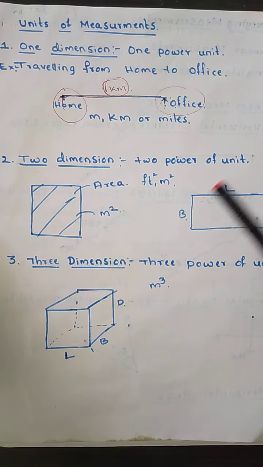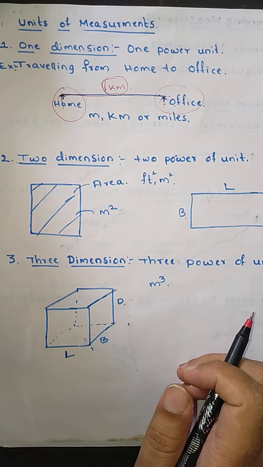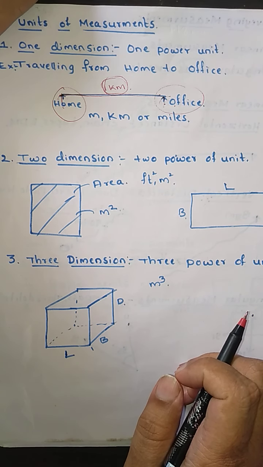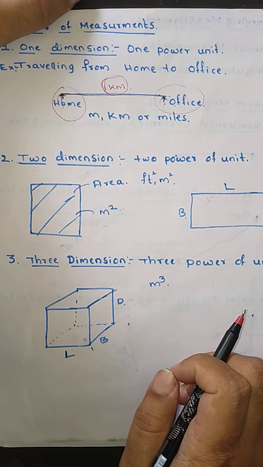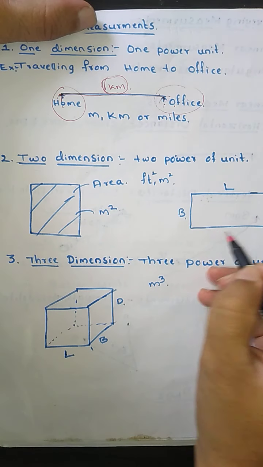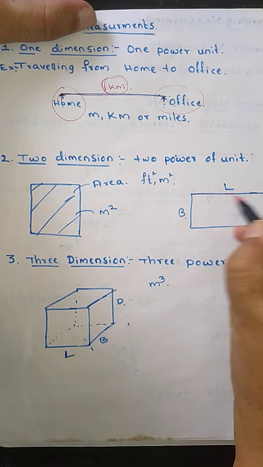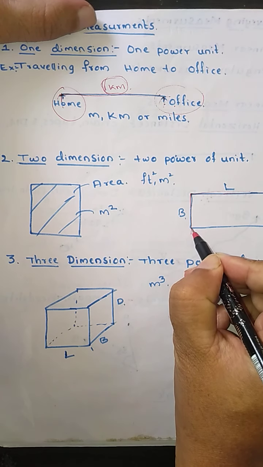Now what is a 2-dimension measurement? The 2-dimension has the 2 power of unit. Suppose you want to buy a piece of land in a city, then we have one length and one breadth. So this is 1 dimension and this is 1 dimension.